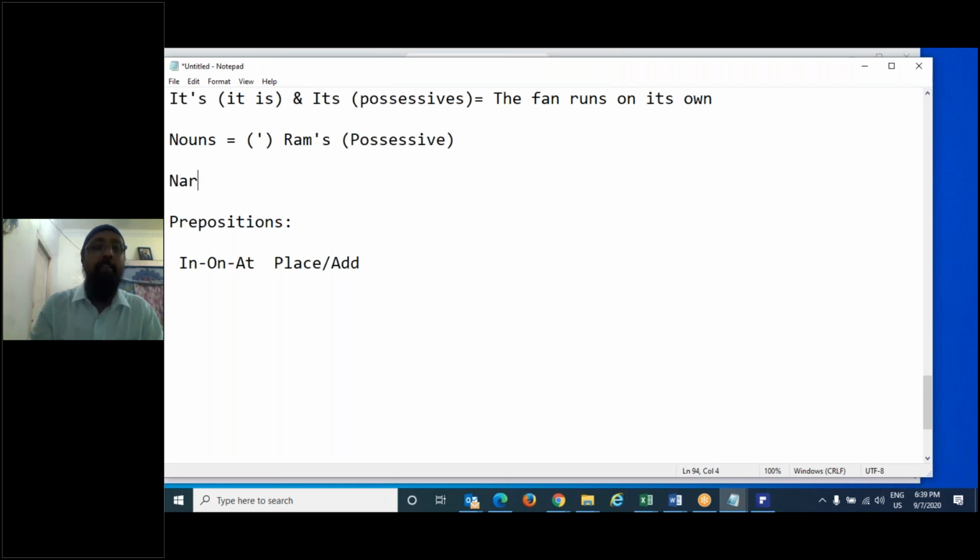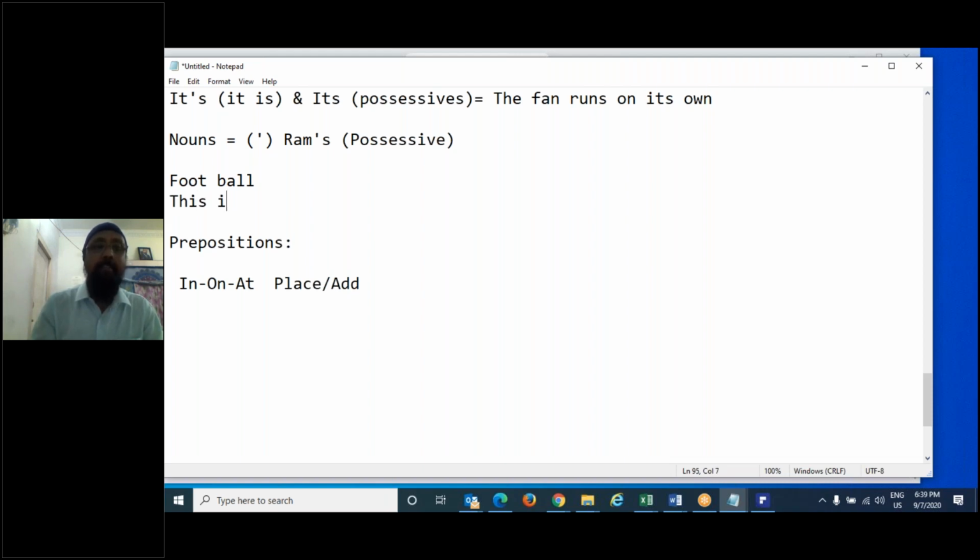Naresh, your name, very good. So Naresh, if you are holding a ball, right? If you're holding a football, and if someone is asking me whose football is this, then I say this is, because I know your name, Naresh's football.